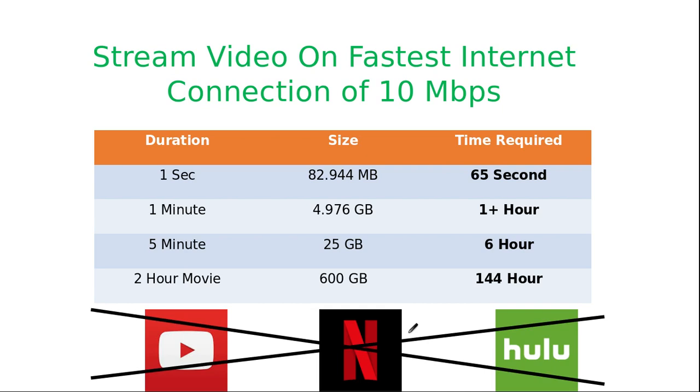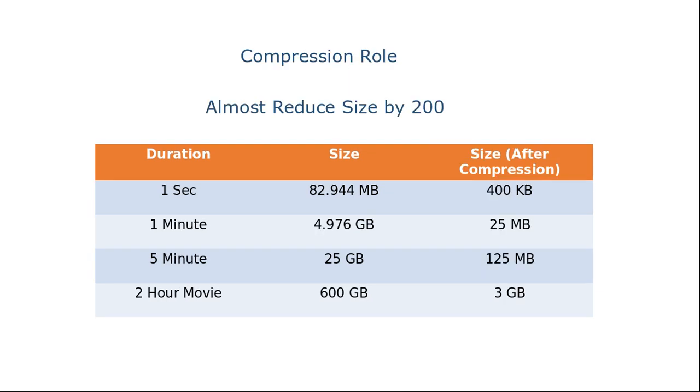Now let's see how compression technology reduces this space requirement on your hard drive, or when transferring data from one machine to another over the internet. The compression rule: compression reduces the size by almost 200 times. Earlier we saw that 1 second of video requires 82 MB of data to transfer.